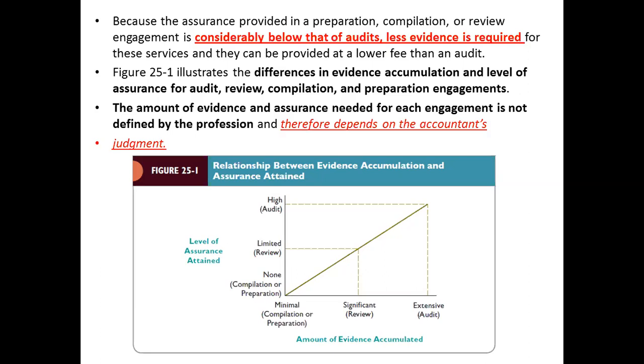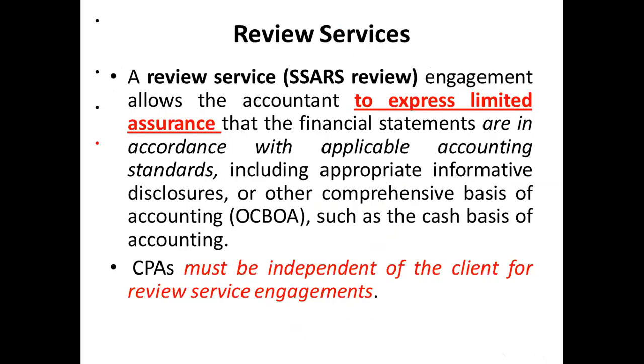According to this graph, which represents the relationship between evidence accumulation, how much evidence will be accumulated, and assurance attained, as you see, we have a positive relationship between the services provided, as completion, review, or audit, and the level of assurance. This is the difference between review, completion, and audit based on the level of assurance and the amount of evidence to be accumulated and evaluated.